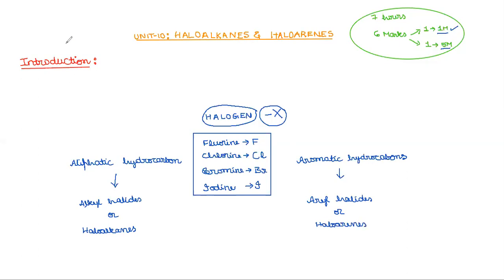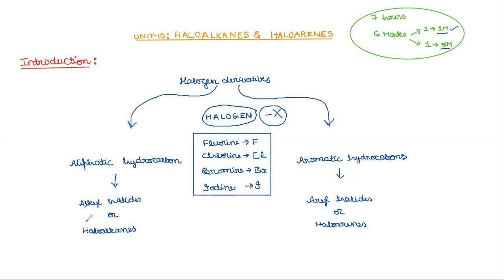So we can consider the definition of haloalkane as the halogen derivatives of aliphatic hydrocarbons.